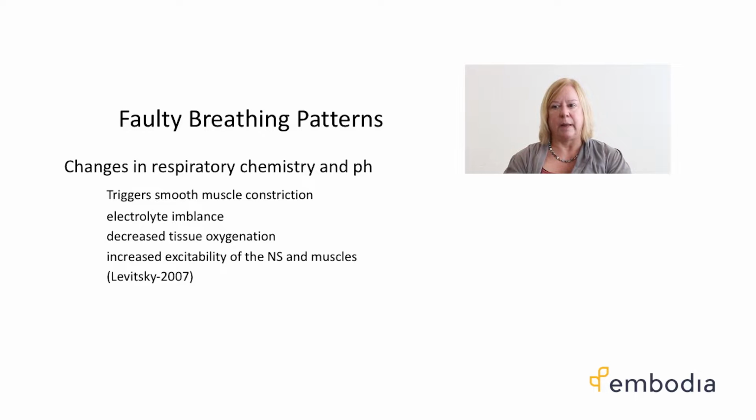It changes electrolyte balance. It causes decreased tissue oxygenation over time, and then an increased excitability of the nervous system and the muscles. So some systems are not going to get the oxygen. The muscles and the nervous system are going to get super excited. So we get twitchy, and if we don't know how to turn that system off, we stay pretty twitchy.